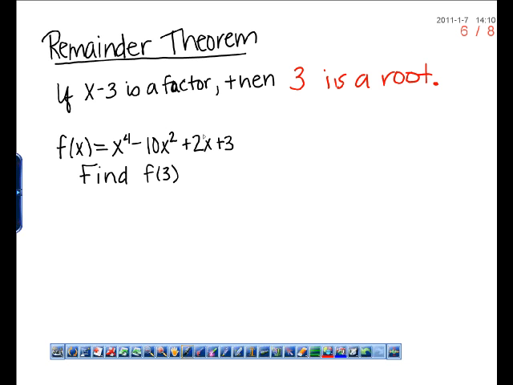And I would like for us to now find f of 3. Tell me how I would do that. Yeah, I'm going to plug in 3 for x. Take a second, figure that out.